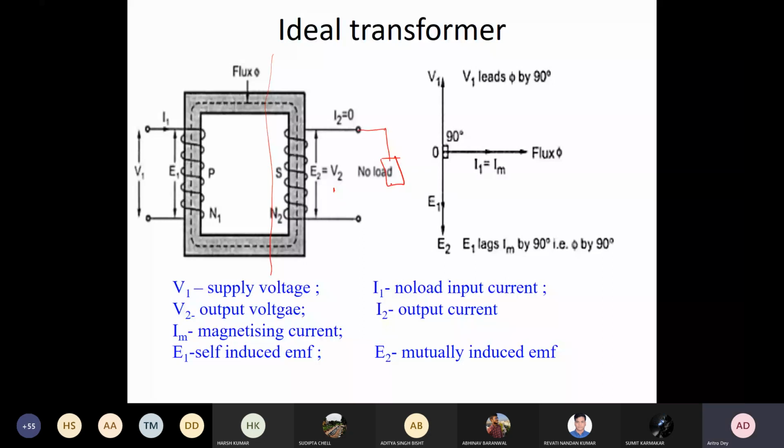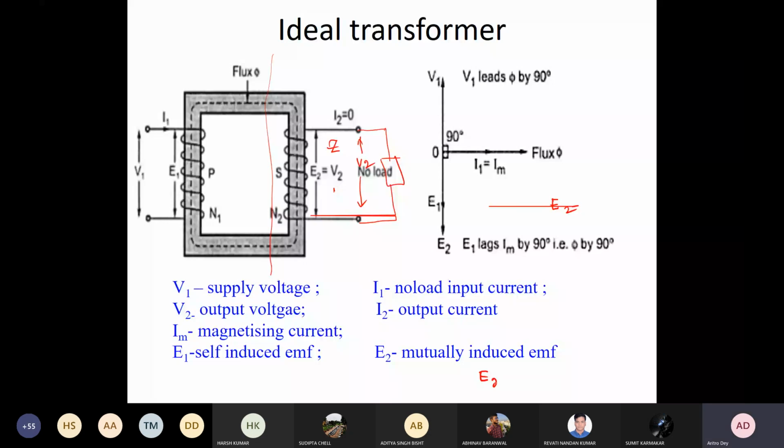across the terminal, if there is an internal impedance Z2, then how can you write this? If the load has a V2 voltage drop across it, and that is known to us, then E2 minus I2 into Z2 is equal to your V2.